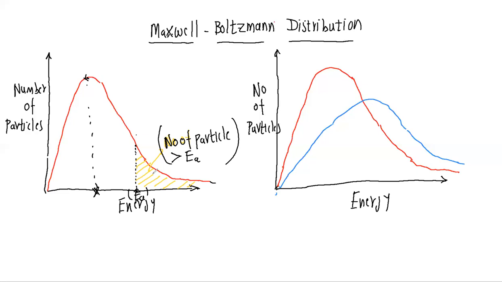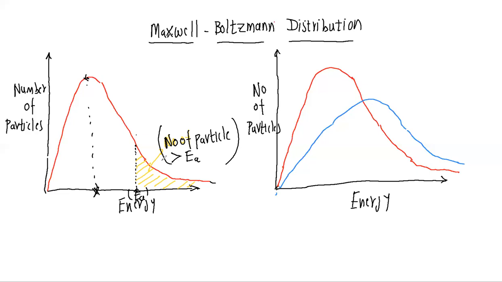Now why is it important? Purely simple, because we have already seen that for any reaction to proceed, we need particles possessing energy higher than the activation energy. Otherwise, they are useless.